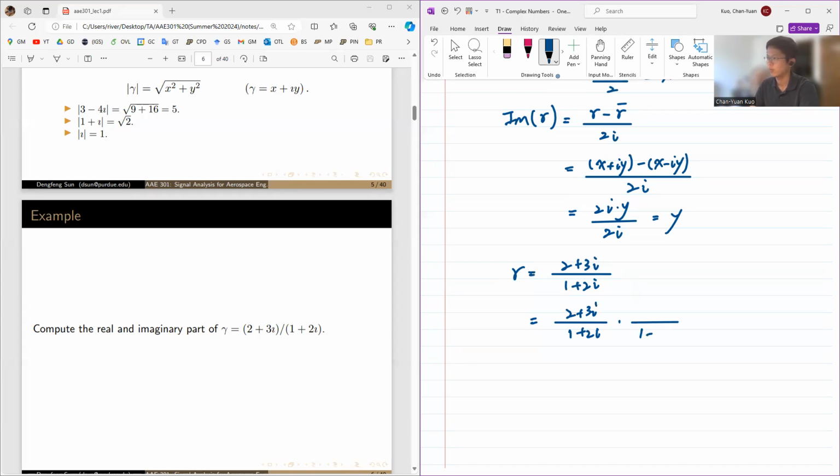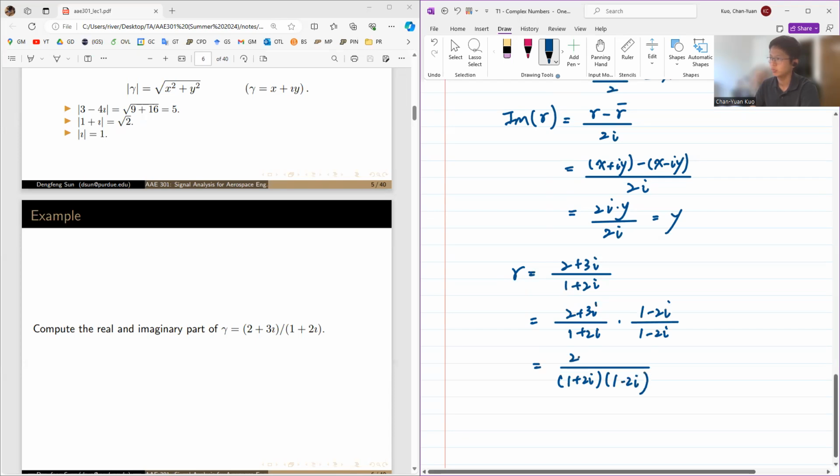So here we will have 1 minus 2i and 1 minus 2i. And here what we'll end up with is 1 plus 2i times 1 minus 2i, and 2 plus 3i times 1 minus 2i.